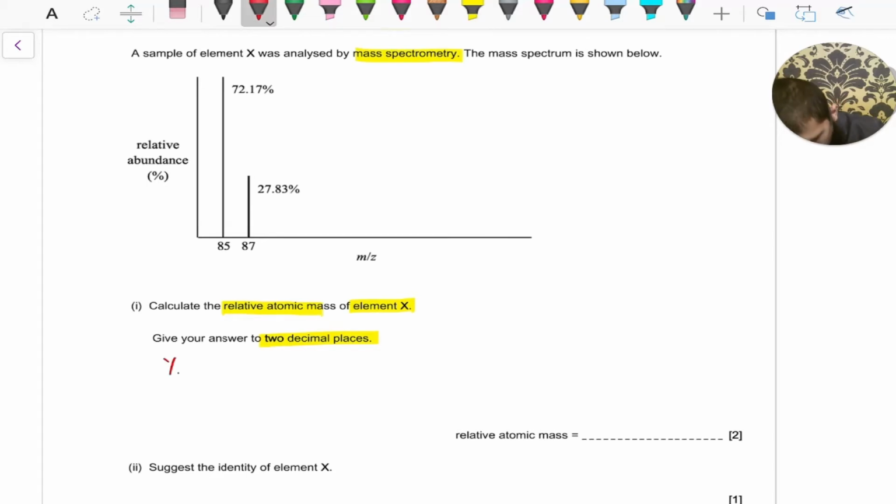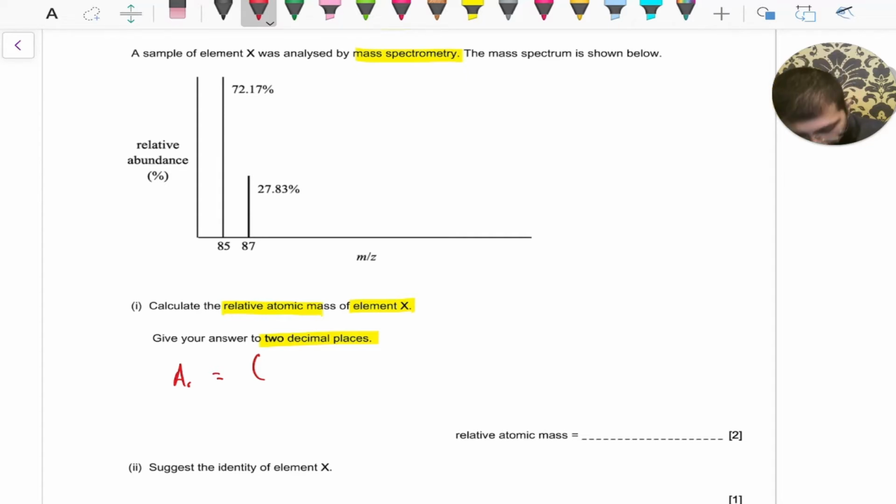AR, which is what we're working out, is equal to the percentage of isotope 1. Let's go with 72.17 as the percentage of isotope 1, assuming that 85X is isotope 1.